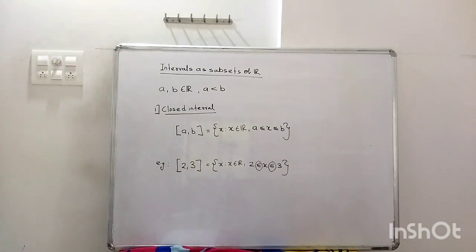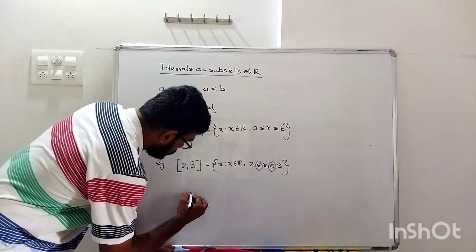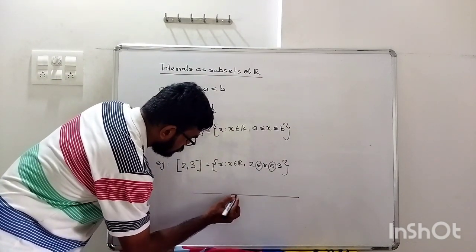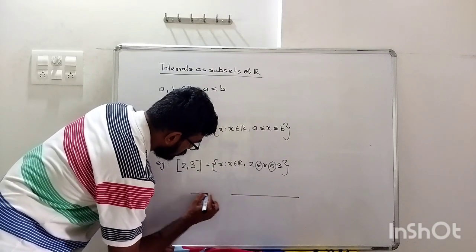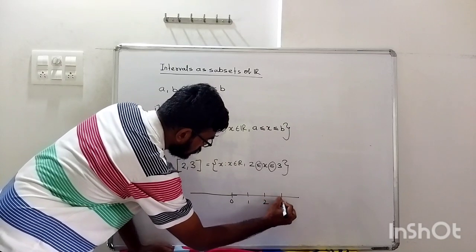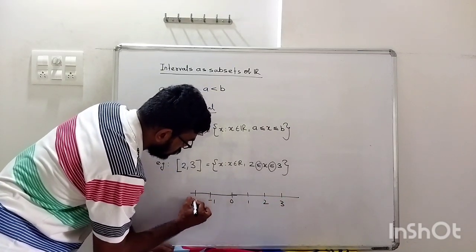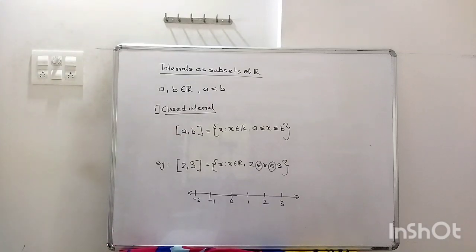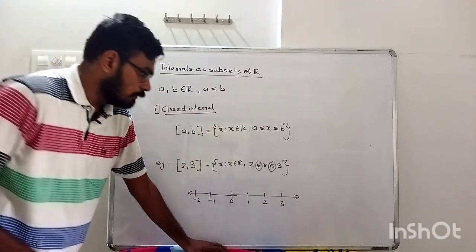And on the real number line, how we show it? We show it like this. See, you can mark 0 here, 1 here, 2 here, 3 here, -1, -2. This is the real number line. This continues. So our required number is between 2 and 3. So what we do?